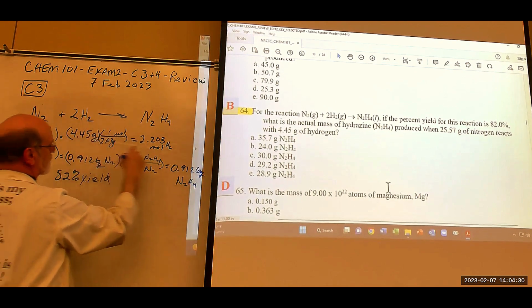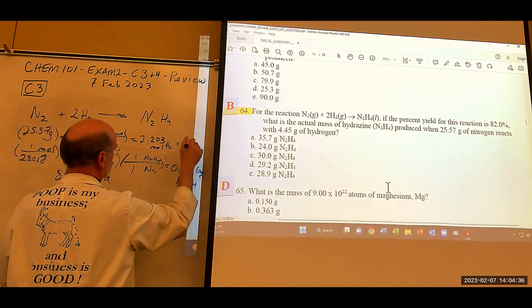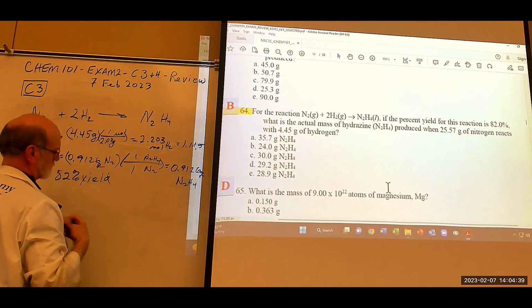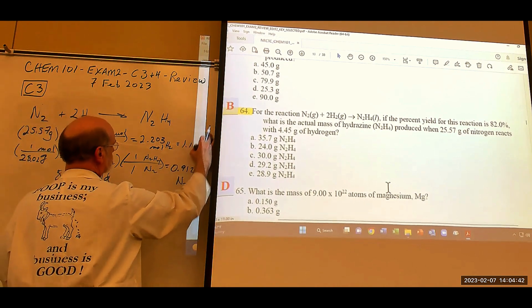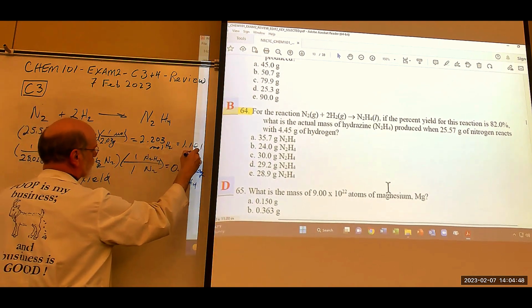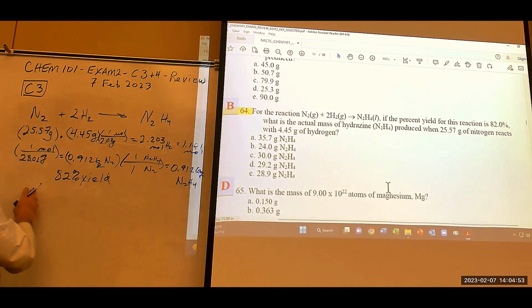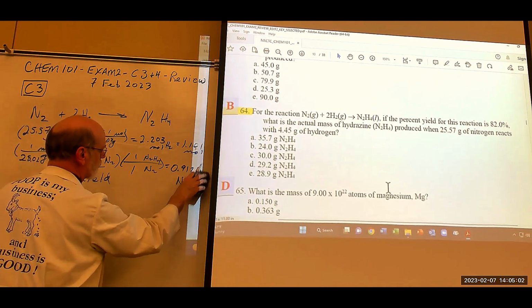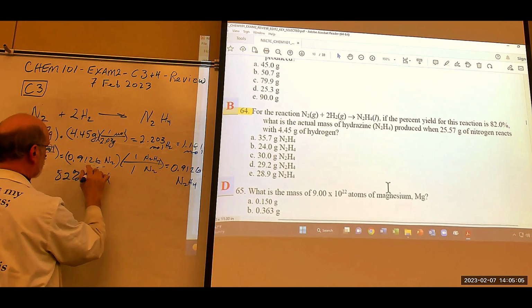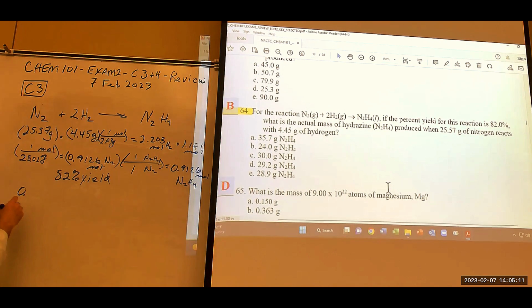Half of it, so that would be 1.10 or 1.15. No, that's not right. Just over 1 mole of hydrazine. Okay, so this is the least amount right here. The limiting reactant is nitrogen. So we convert that to mass. Oh, we already did, didn't we? No, this is moles, I'm sorry. Nobody told me. Just let me get away with murder.